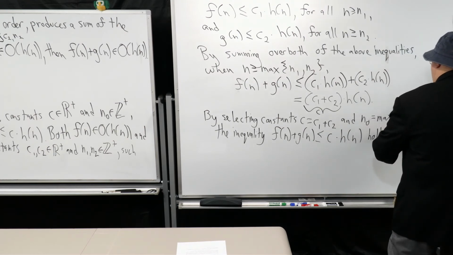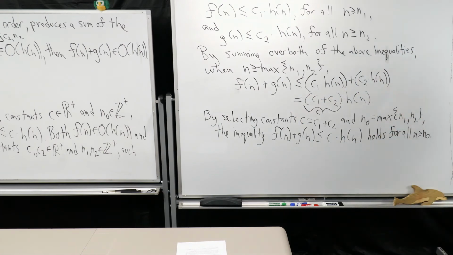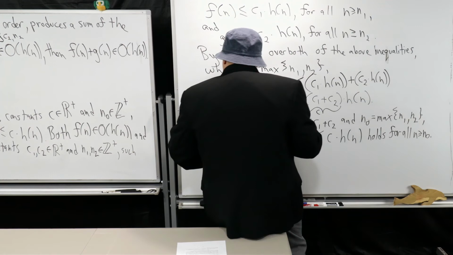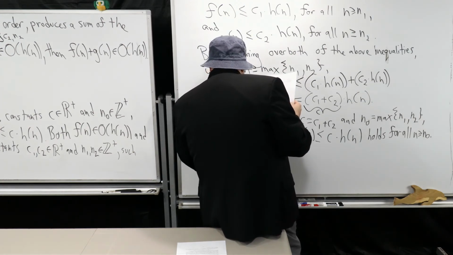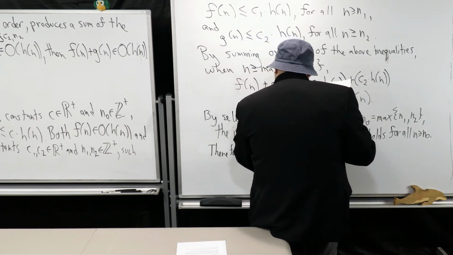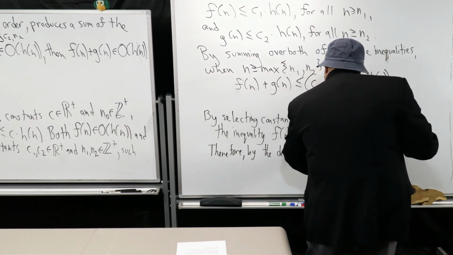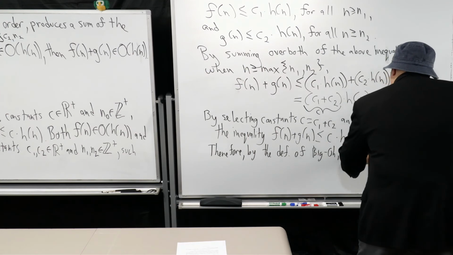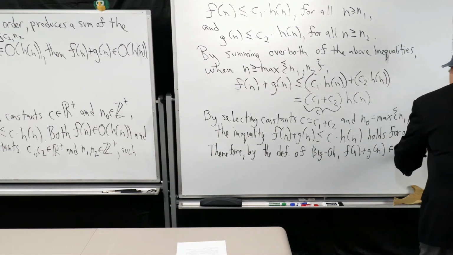It holds for all n greater or equal to n0. So this just summarizes everything in a nice big bow. So we're all done. Therefore, by the definition of big O, f of n plus g of n is big O of h of n.